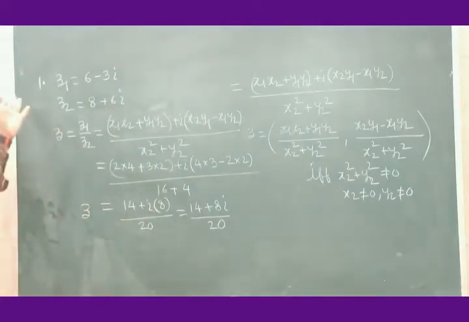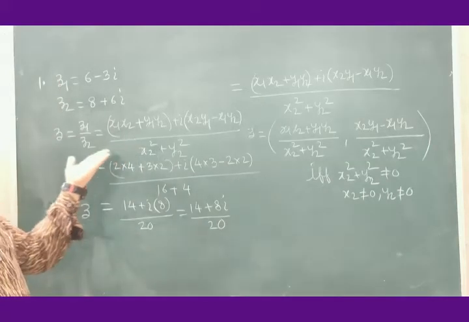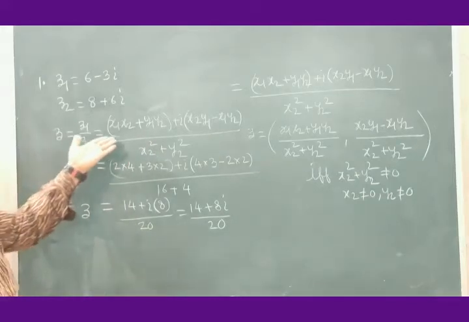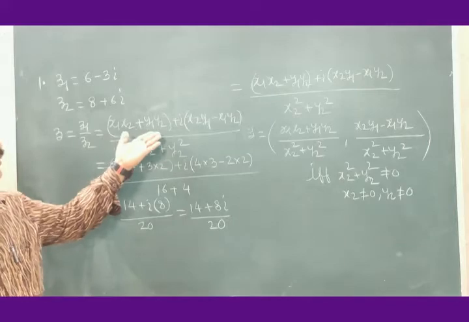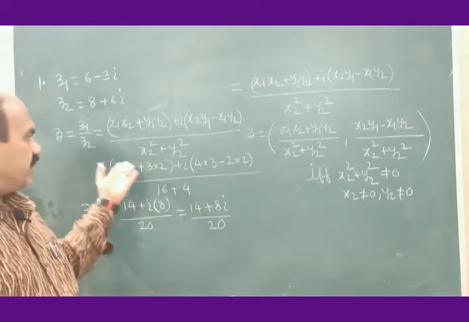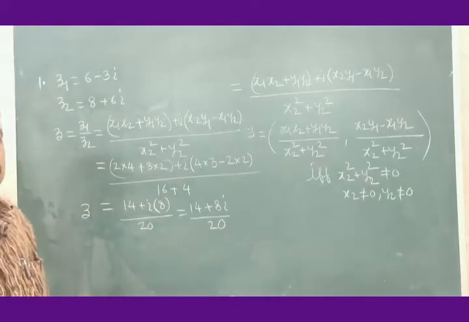First complex number is 6 minus 3i, second complex number is 8 plus 6i. We have to use the same formula. Z is equal to Z1 divided by Z2 is equal to x1 x2 plus y1 y2 plus i into x2 y1 minus x1 y2 divided by x2 square plus y2 square.